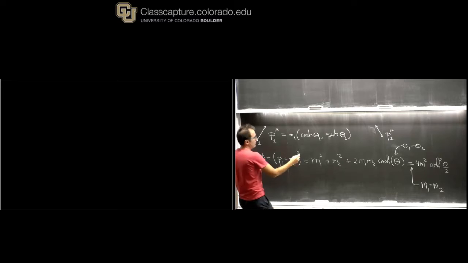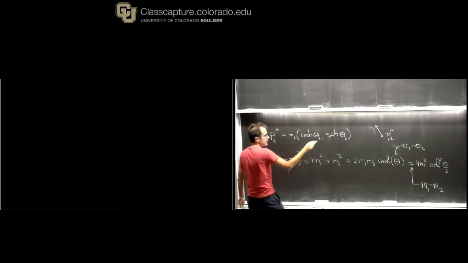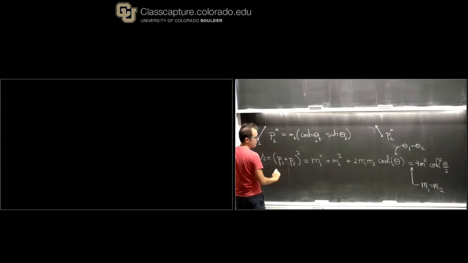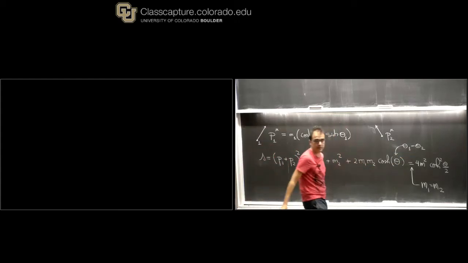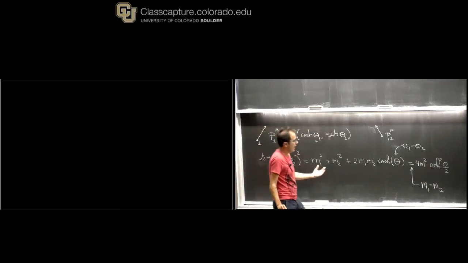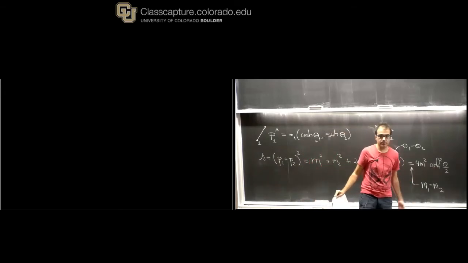One comes with some rapidity θ1, the other with some rapidity θ2. If you construct the center of mass energy, (P1 plus P2) squared, you get something that depends on the difference of rapidities, which makes sense, because boosts just shift these rapidities, so that's what is Lorentz invariant. And when the masses are equal, this becomes this expression here.